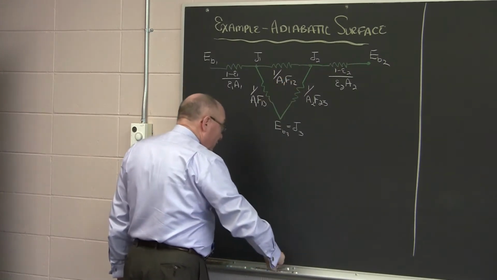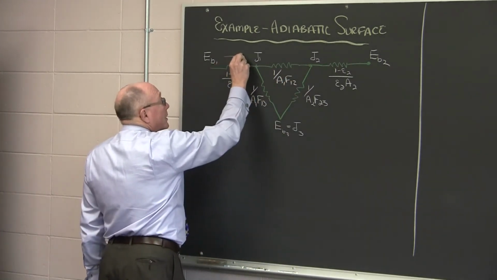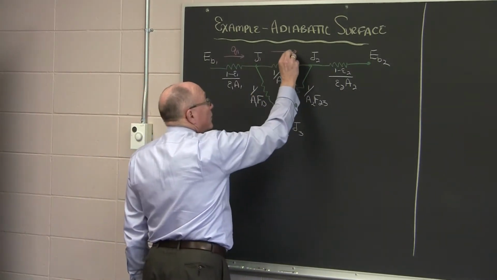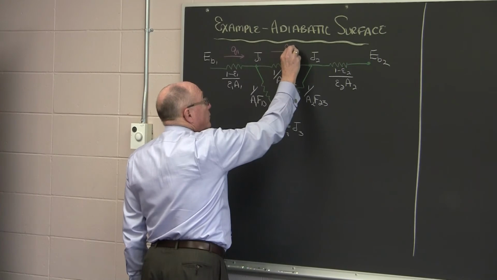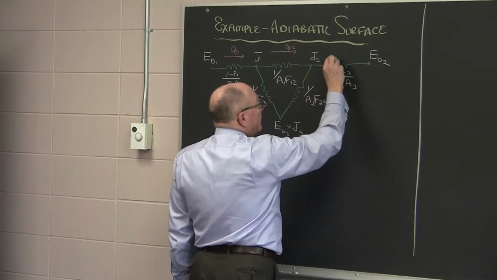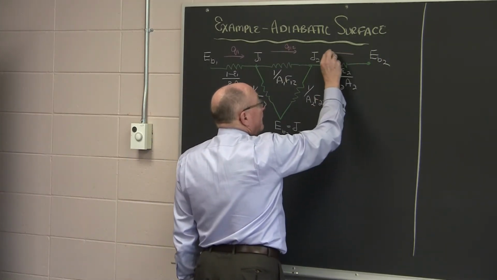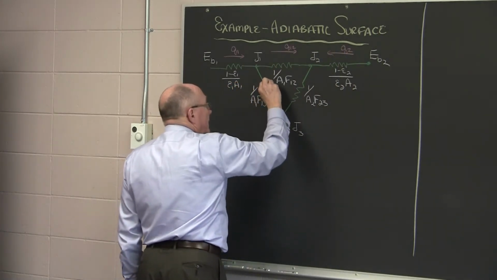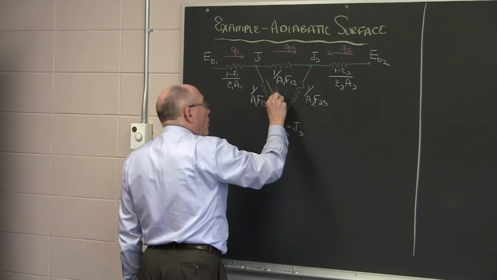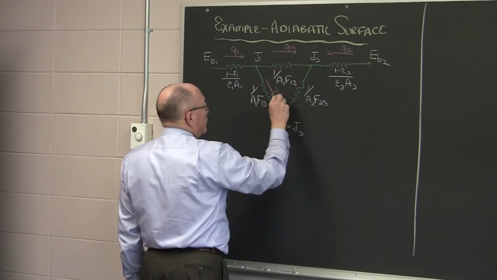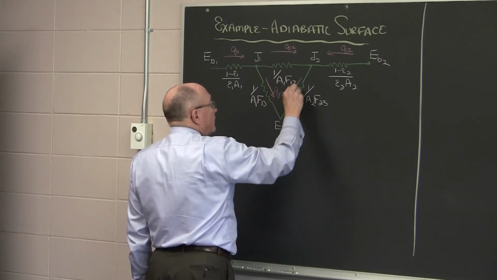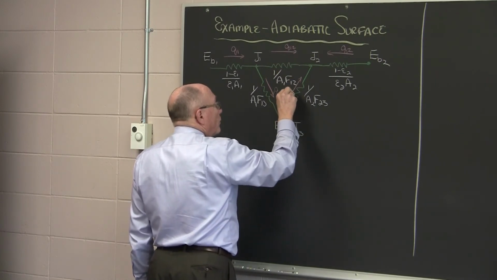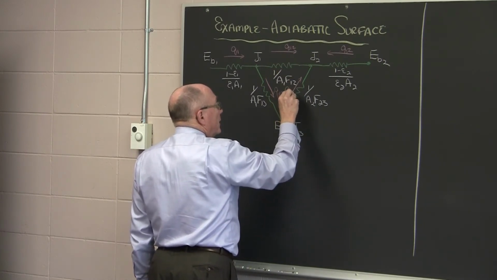If we put the heat transfers in, this is Q1. This is Q1 to 2. This is Q2. This would be Q1 to 3, and this would be Q3 to 2.